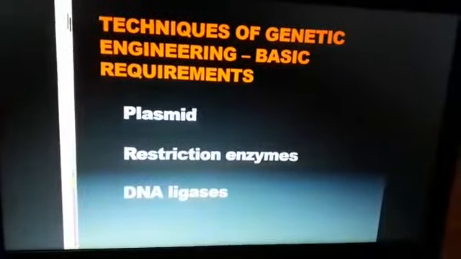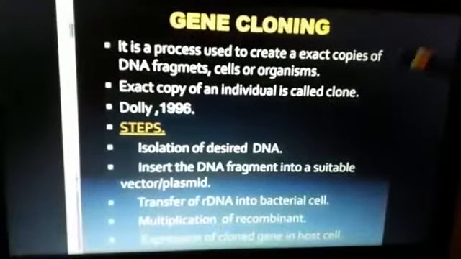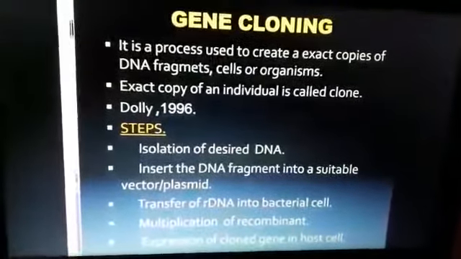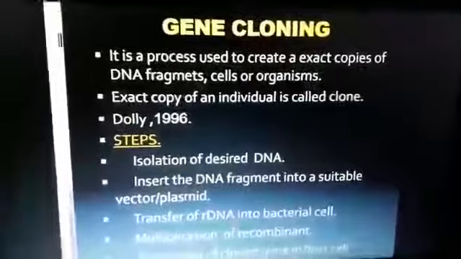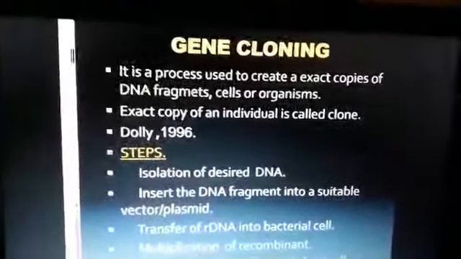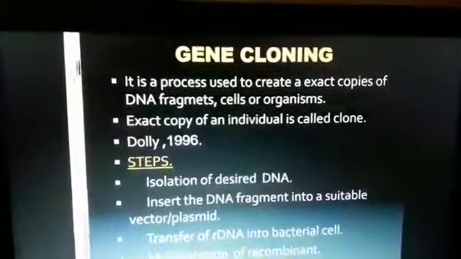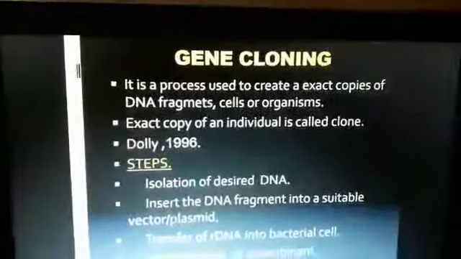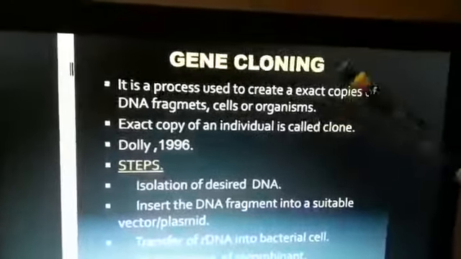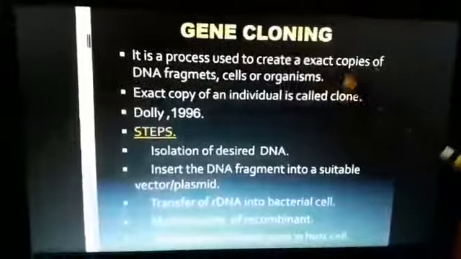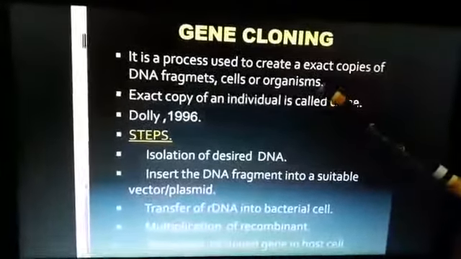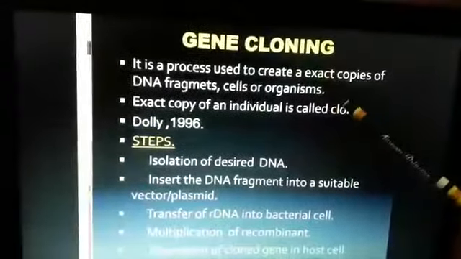Next, the main process is gene cloning. Gene cloning is a process used to create exact copies of DNA fragments, cells or whole organisms. That is called gene cloning.